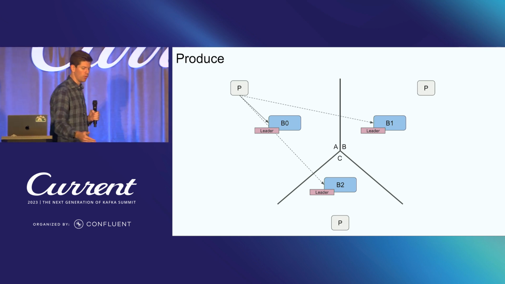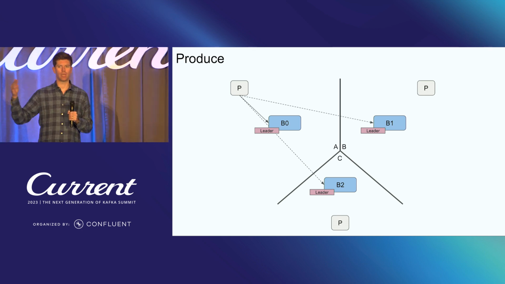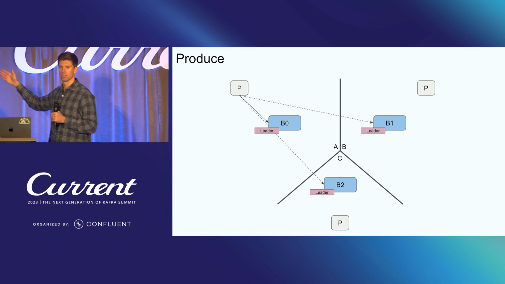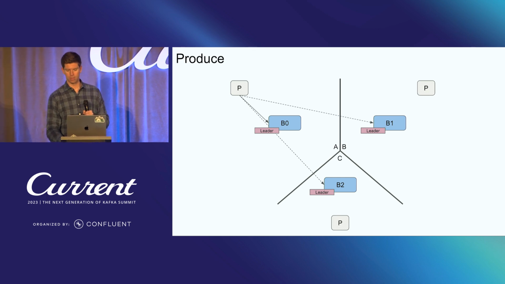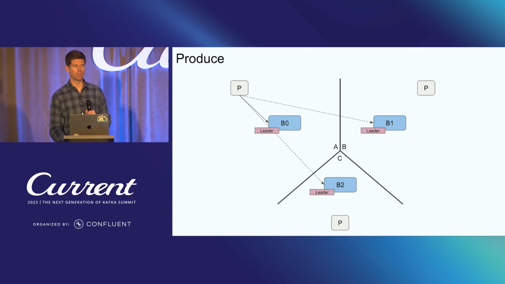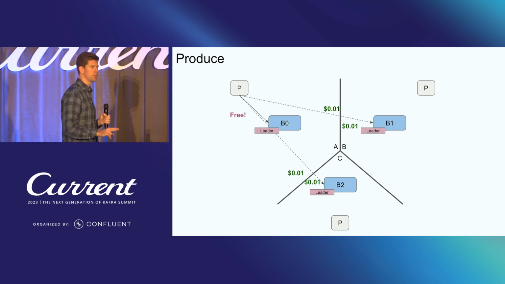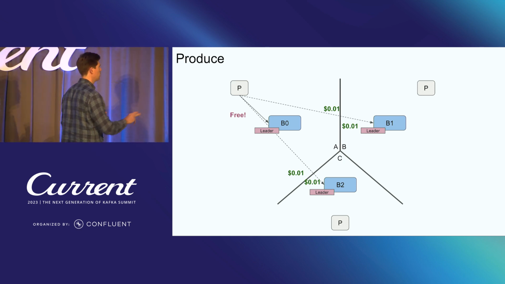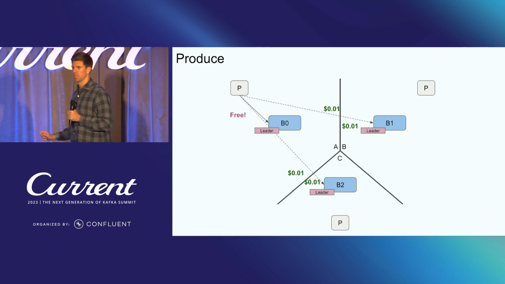So we're producing some data. It's writing to broker 0, broker 2, broker 1. So how many cents is this costing us? 4. So this is 4 cents. Every single time we cross one of these lines, it's going to be a cent on both sides, so in and out.